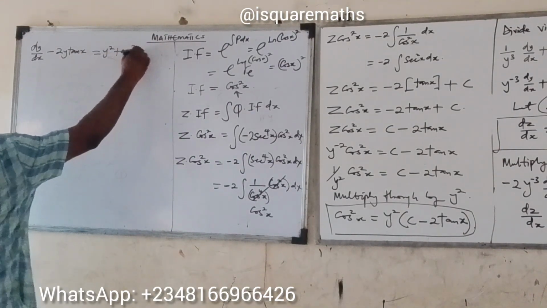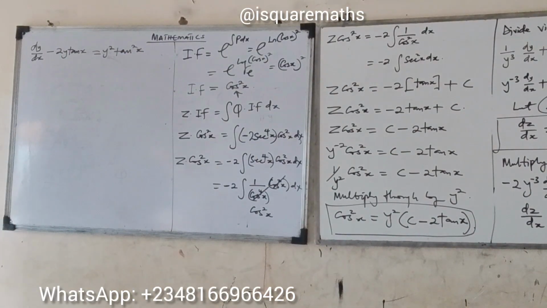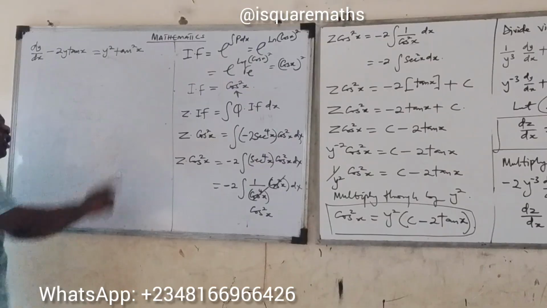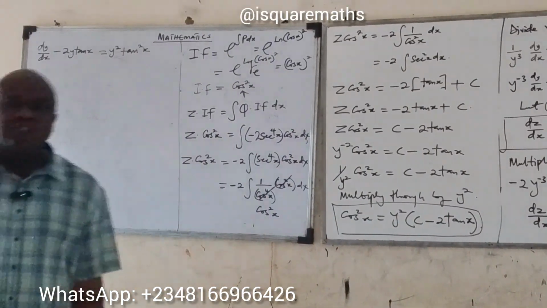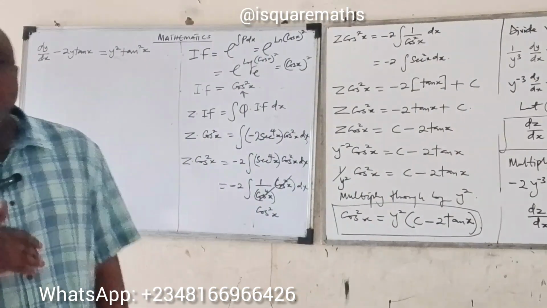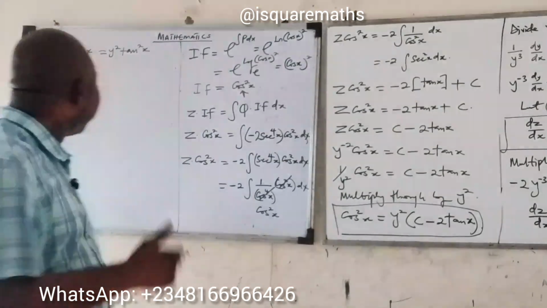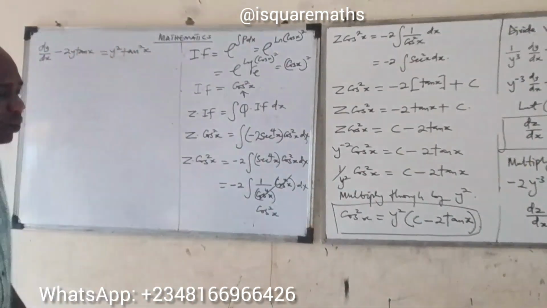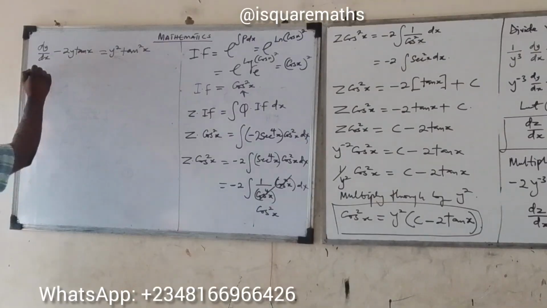Now this is another example of Bernoulli's equation. Remember, if there is no y square here as the coefficient, it is a linear differential equation. Because of the y square as the coefficient of tan square x, it is now a Bernoulli's equation. So, solution.